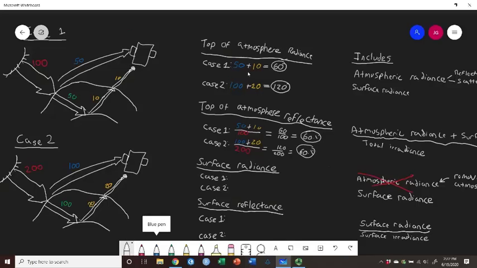Right? So now let's look at surface radiance. For surface radiance, this is actually going to be pretty easy, right? We've already deduced that all we care about is the surface radiance. And if we think about what surface radiance is, it's the amount of energy that's leaving the surface. So surface radiance in this case is just this yellow 10.